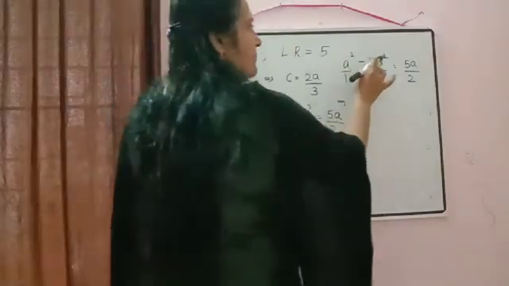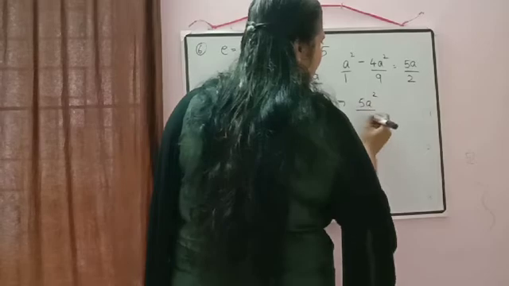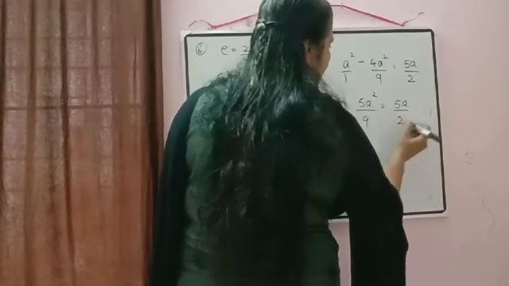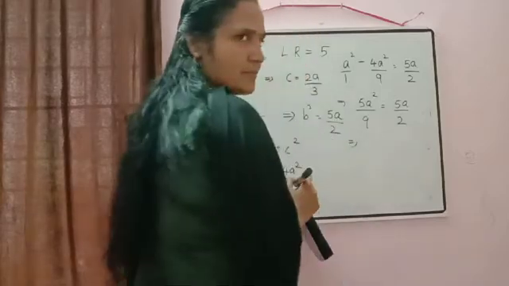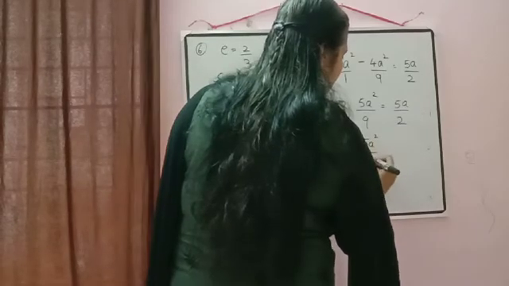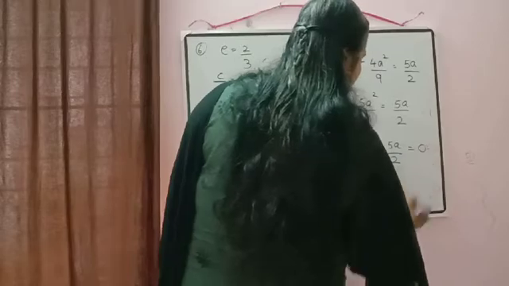Now just to do the cross multiplication, then what will come? 9a square minus 4a square. So that will be equal to 5a square by 9 is equal to 5a by 2. Now we can shift all the things to left hand side. Then 5a square by 9 minus 5a by 2 is equal to 0.